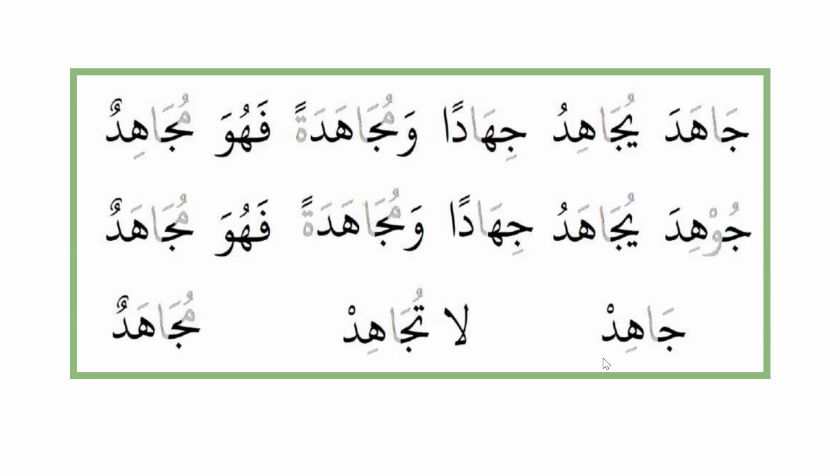Al-amru minhu jahid wa nahi anhu la tujahid wa zarfu minhu mujahadun. So this is the sarf saghir of Bab Mufa'ala, mujahada, and this is the root letter that we usually use for this family, and that's how we do sarf saghir.